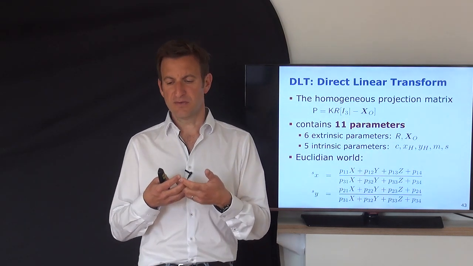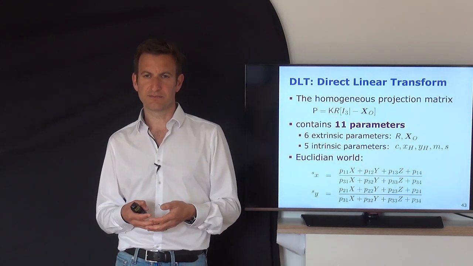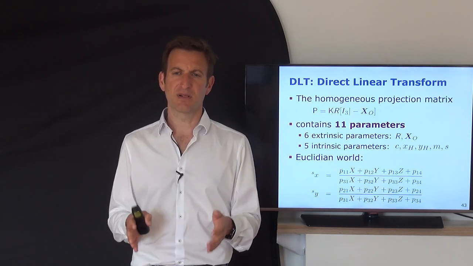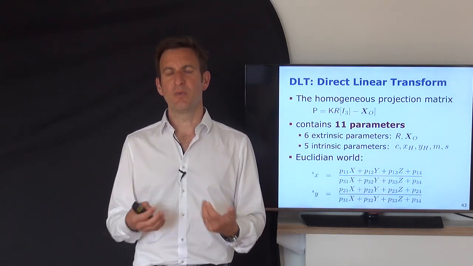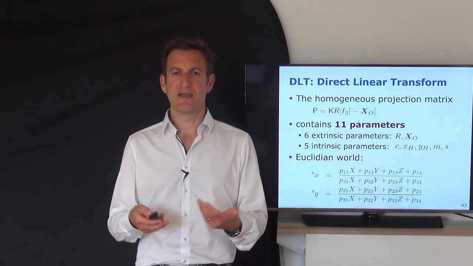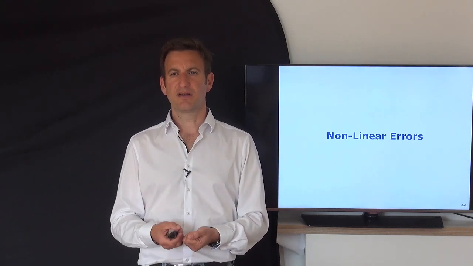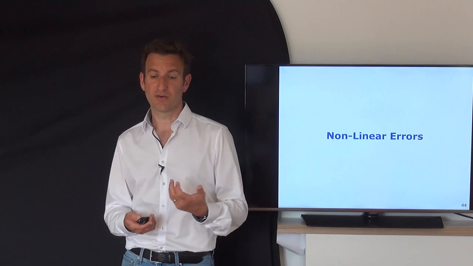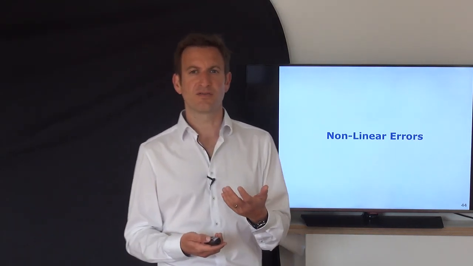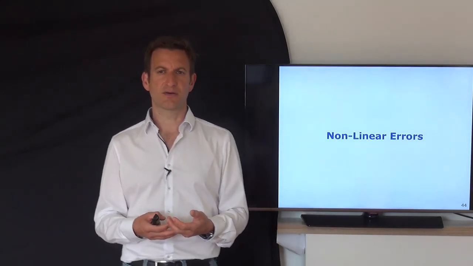So this brings me to the end of the part looking into linear errors, and this is the key part of the model that we have in here. In reality, however, we also have to look into nonlinear errors that the overall process is affected by. So the second part looks into the nonlinear errors. How do we take into account that certain aspects of the transformations that we have discussed here are actually affected by nonlinear errors?